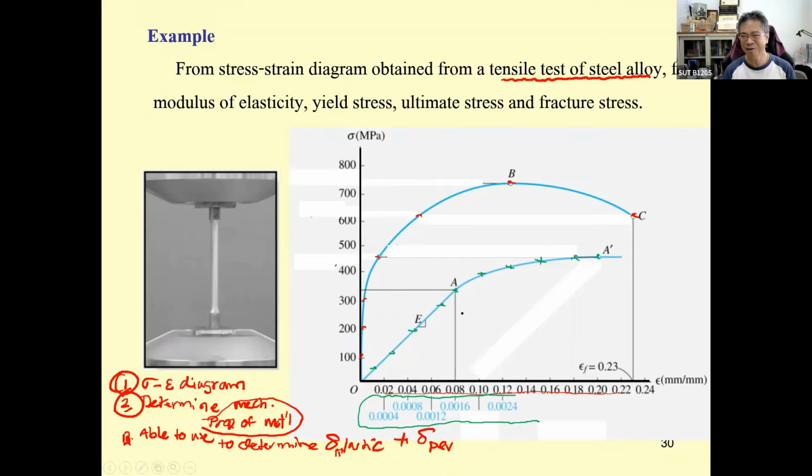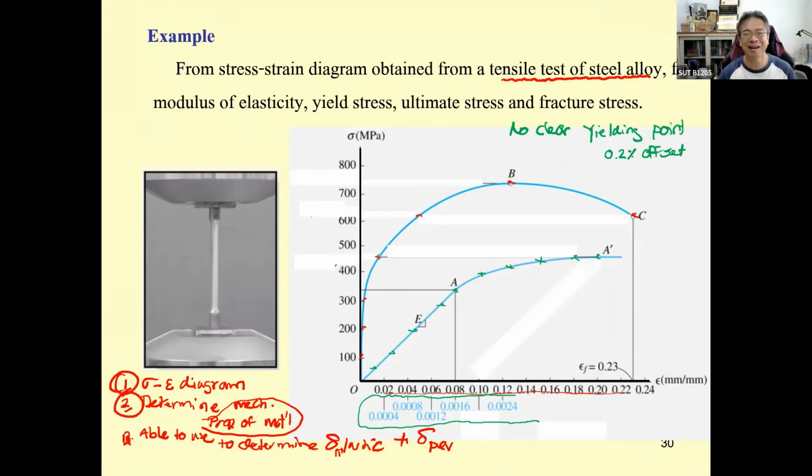This is the first one. You understand the stress strain diagram, and this stress strain diagram has no clear yielding point. When you don't have a clear yielding point, you have to use the 0.2% offset to determine it. This is the first step.